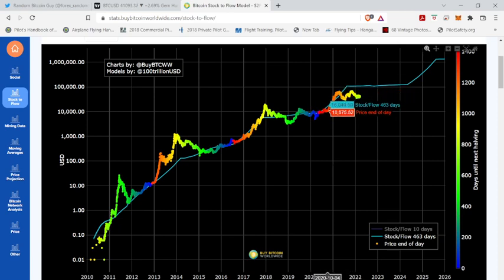So with the China ban and all the FUD with Elon and everything else, what I personally believe killed this rally, so that it didn't blow up off the top like it did over here or over here, is that the China ban was definitely a big part of the influence in keeping stock to flow undervalued, and Elon touting Doge drew a lot of retail away from Bitcoin.